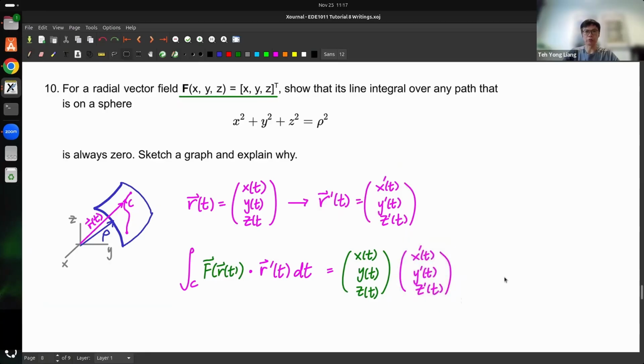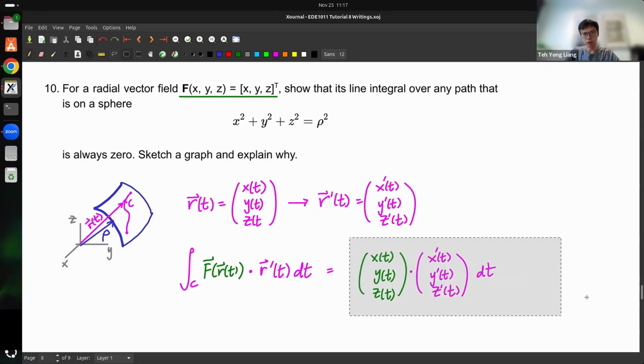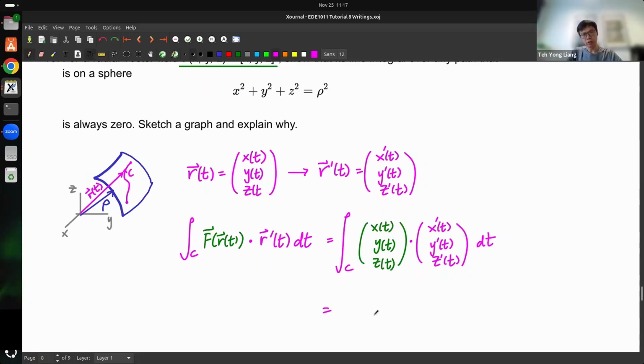So you are taking the dot product here and integrating with respect to t. Hold on, I forgot my integration sign. Okay, so if you take this dot product, what do you get? You get x dot x prime. Let me just omit the (t), too many things to write, right?